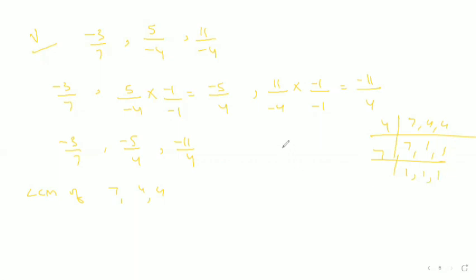Now the LCM comes to be what? 28. Now equate the rational numbers one by one. So it would become minus 12 by 28.